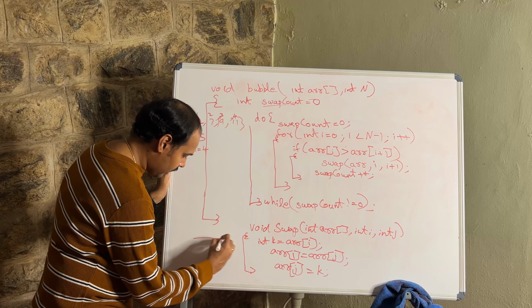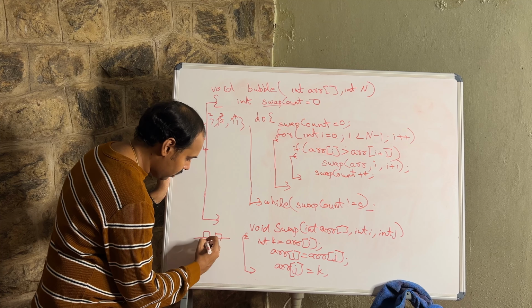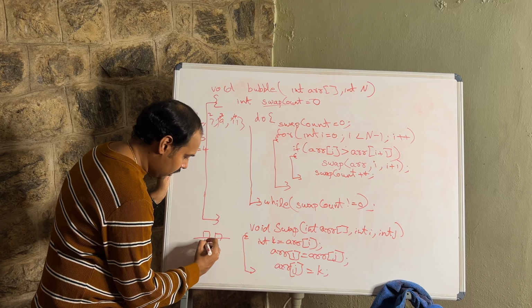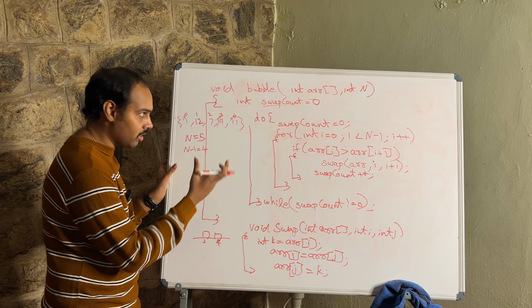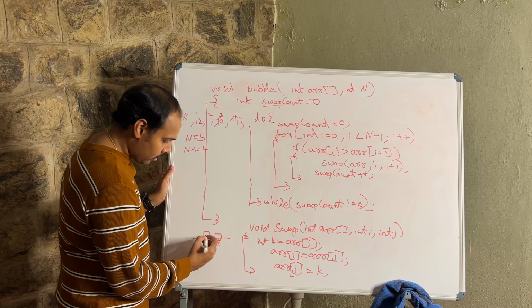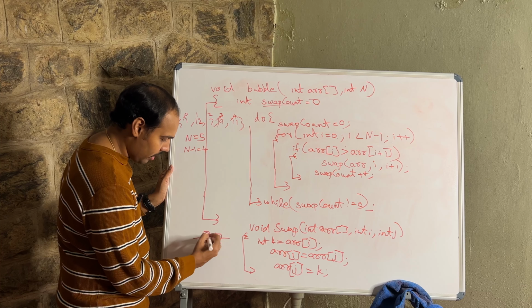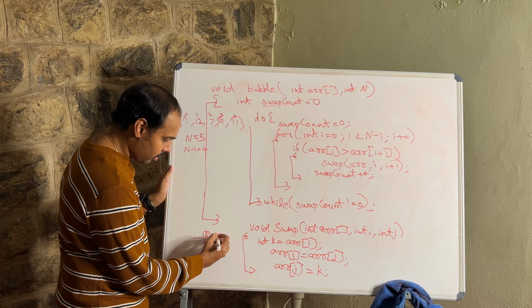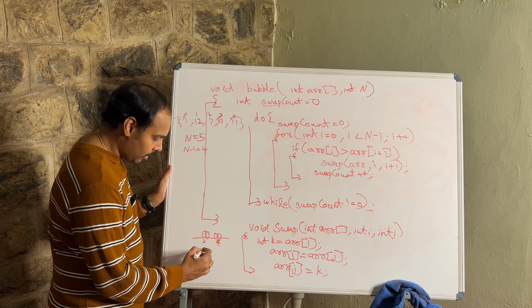Consider an array. You are going to swap these two elements, which are in index 3 and 5, or 3 and 4. In this case, we are just comparing the nearby elements. Whatever is in i, for example 5, I am just taking this element 5 in k.